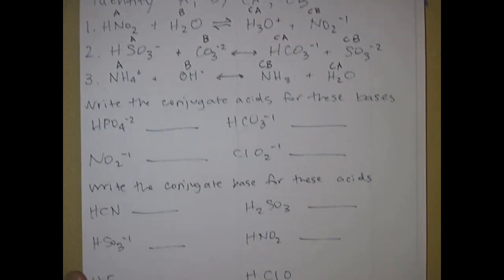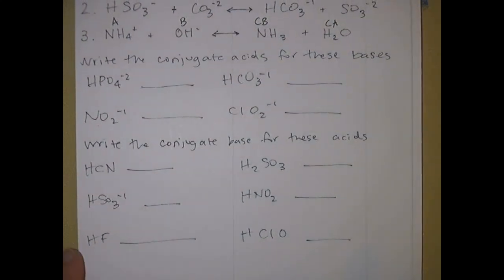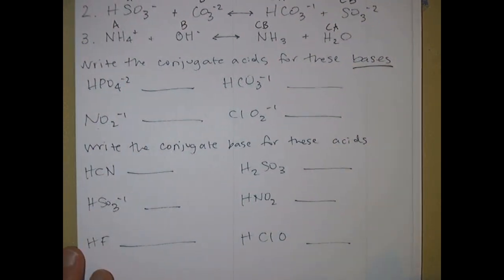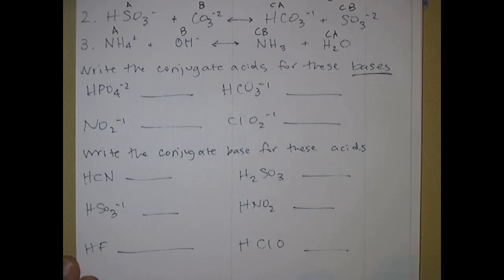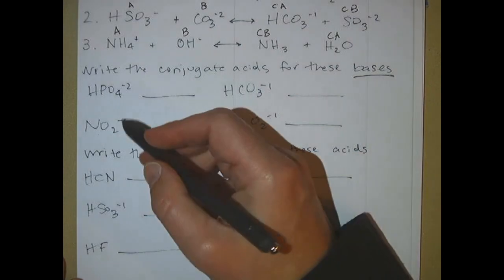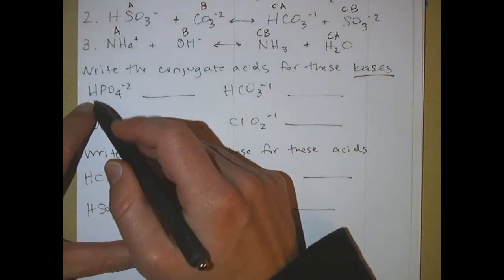The other kind of problem you see for these are ones where you're just saying what the conjugates are for each of the things. So if you're looking at a list, and this one says bases, you need to remember that bases always gain an H, and the charge goes up by 1. So if you're writing conjugate acids for these bases, then all of them, the conjugates are just where you add an H and the charge goes up by 1. So for each of them, that's what we'll do.